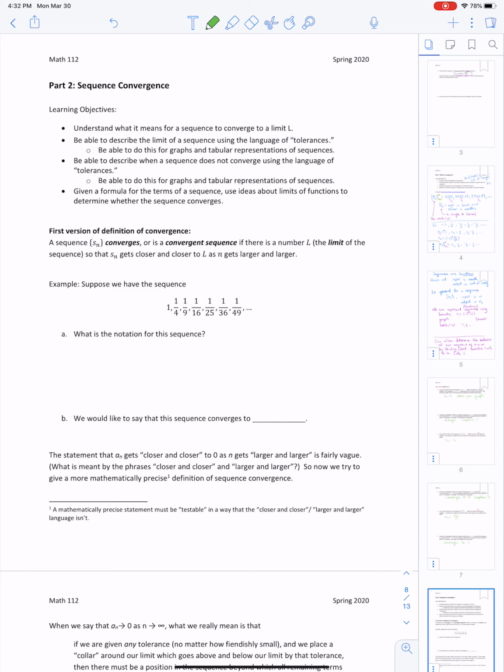Let's take the example of the sequence that I've listed out here: 1, 1/4, 1/9, 1/16, and so on. Just for fun, let's review.